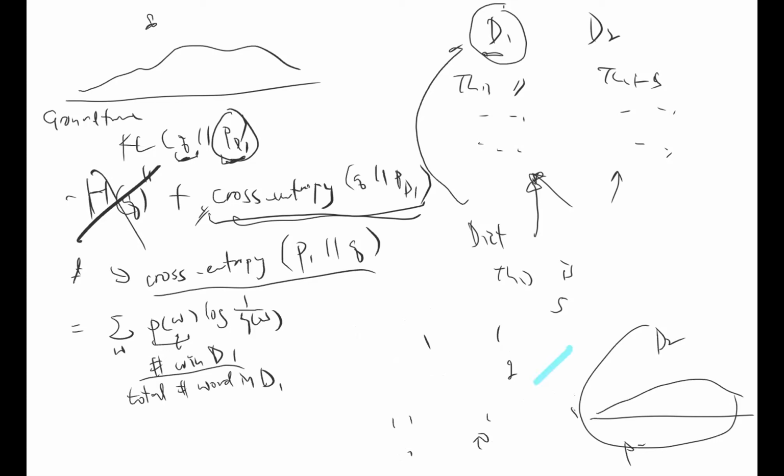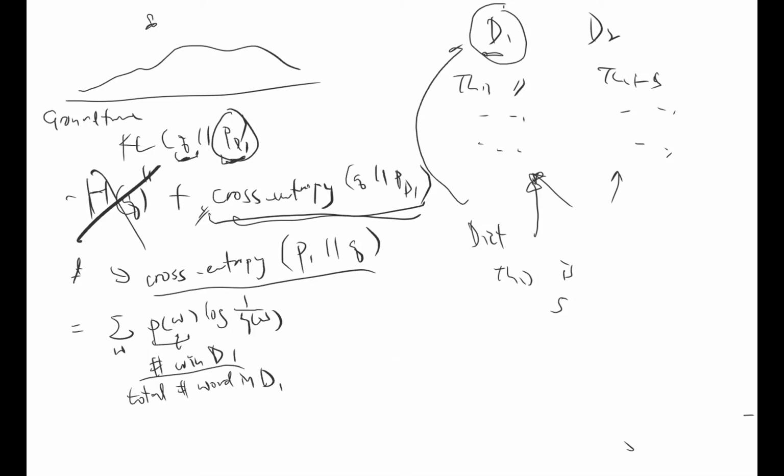And an estimate of Q(W), or 1 over Q(W), I can estimate as the number of documents with word W over the total number of documents.